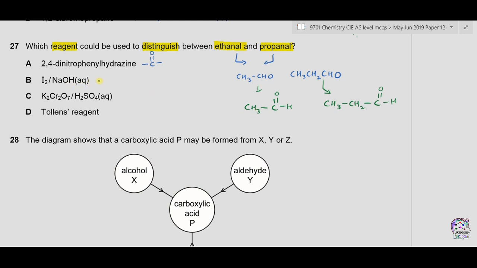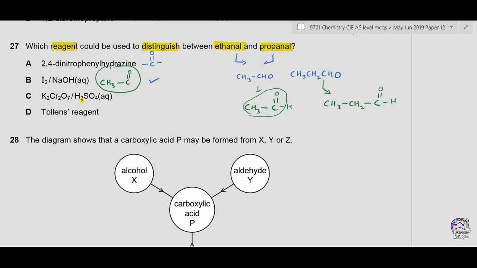Now the iodoform test is always positive whenever there is CH3, C double bond O present. As we can see, in ethanol there is CH3, C double bond O present, but in propanol there are 2 carbon atoms next to the C double bond O. So ethanol will give a positive result with the iodoform test, and propanol will not give any result with iodoform. So therefore B could be used to distinguish between ethanol and propanol.